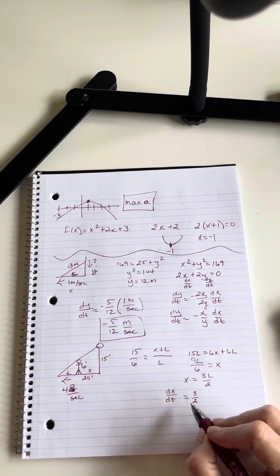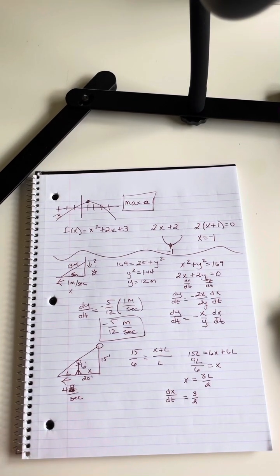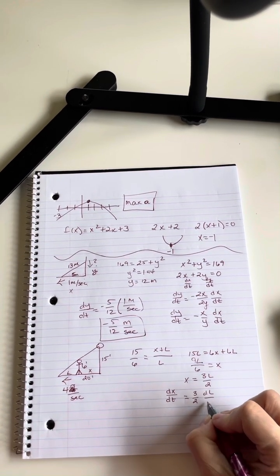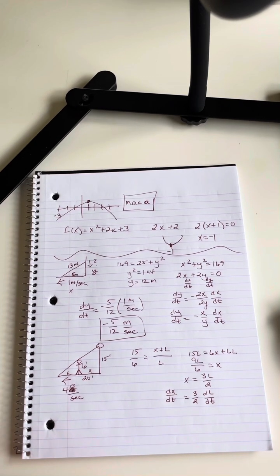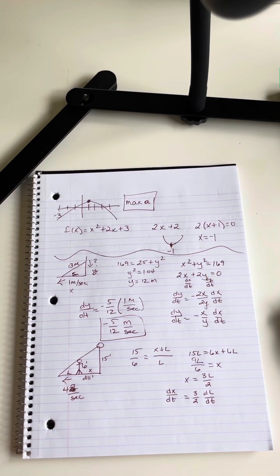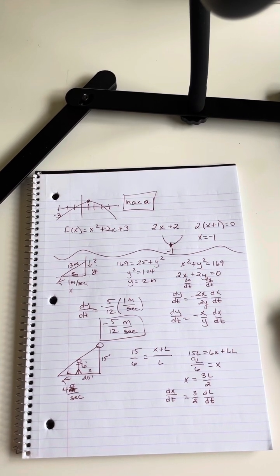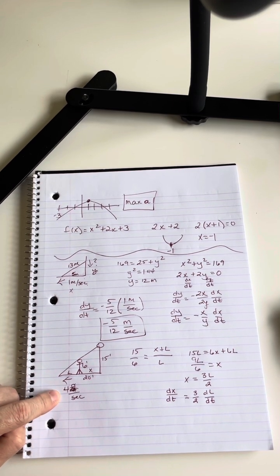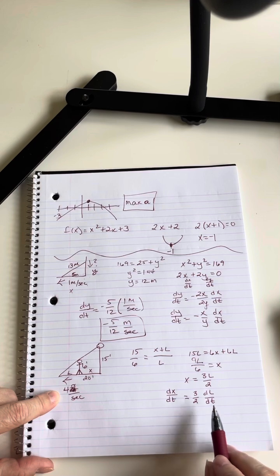The L, the 1 is going to multiply by that and then drop off, and that was dl over dt because I differentiated the L. Okay, then I need to solve for the rate of change, dl over dt.